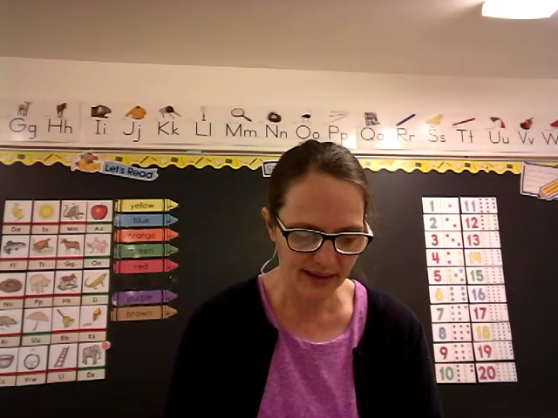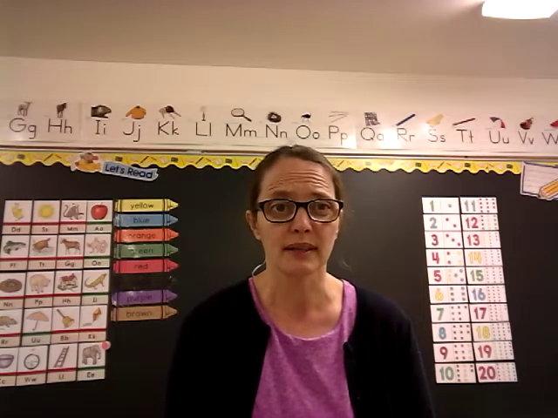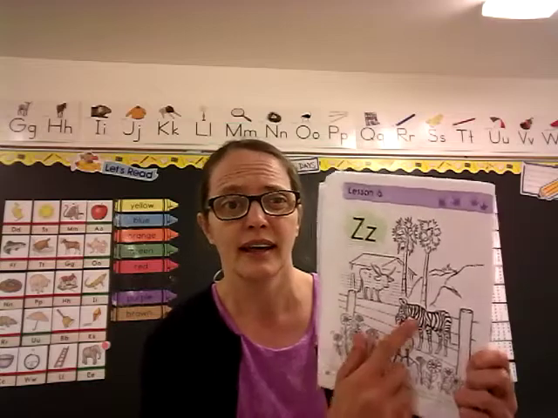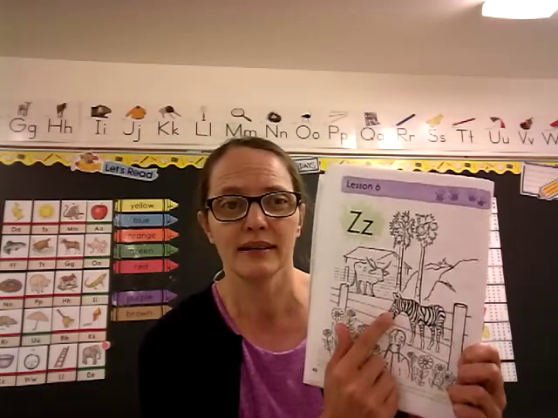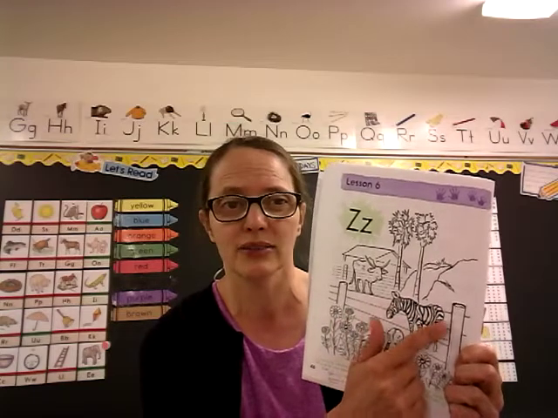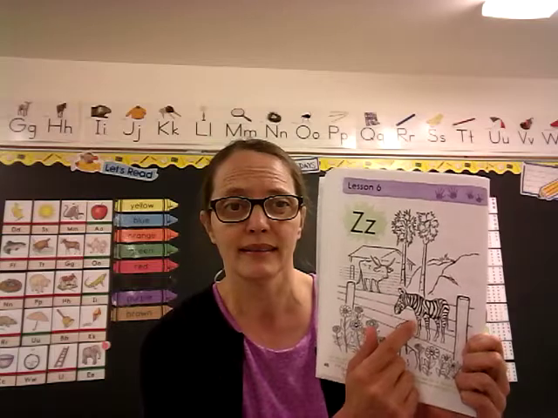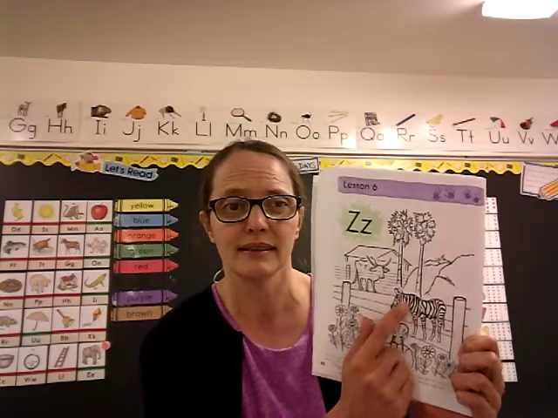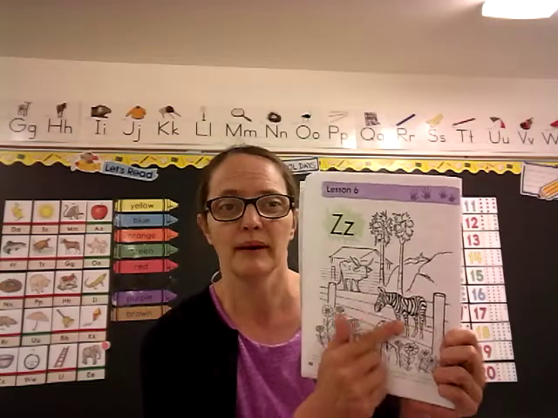These last letters are a little harder. The first one is the most obvious, and it is this big guy right here. Everybody know what he's called? Got black and white stripes. A zebra. That's the easiest one today, the zebra. Circle the zebra.